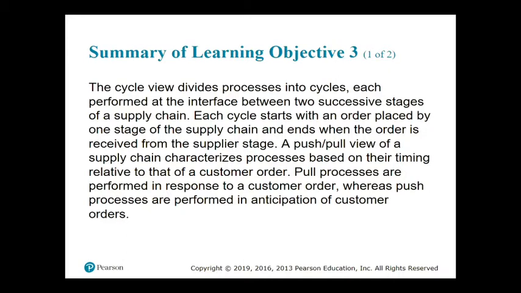So in summary, we talked about the cycle view of supply chain, breaking supply chains into cycles of directly interfacing parties. And then we talked about the push versus pull view of the supply chain, which is distinguished by their relationship to customer order arrivals.